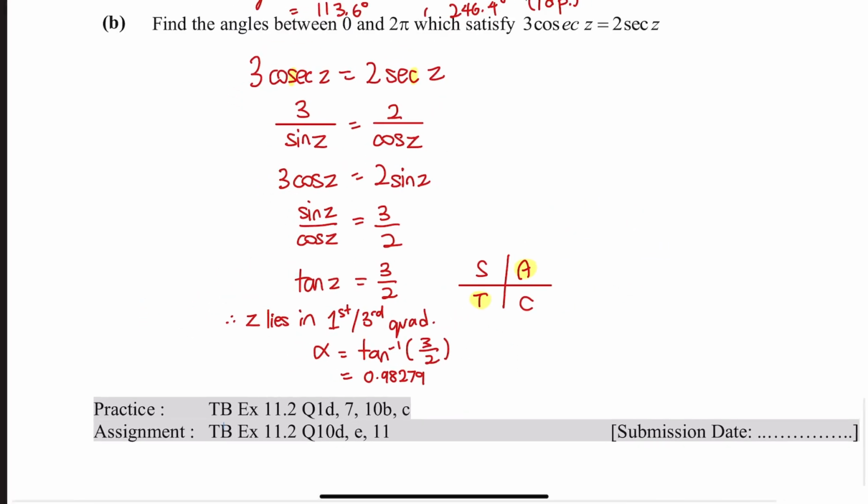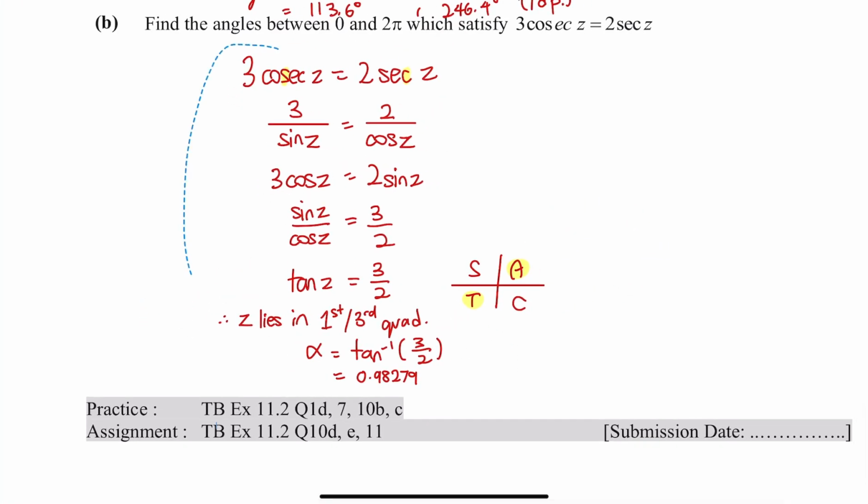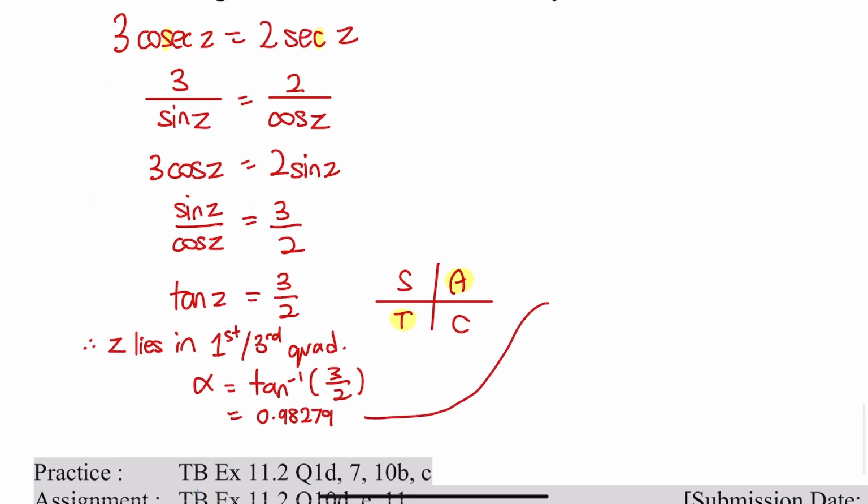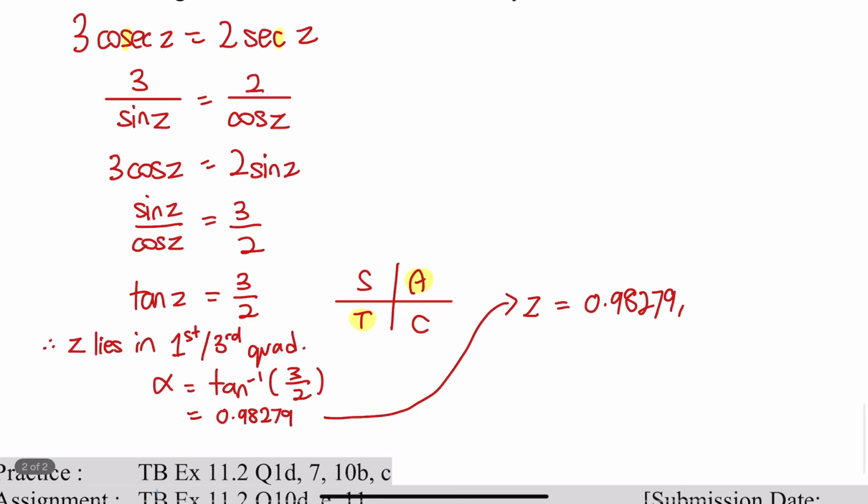Okay, so this means that Z in the first quadrant is simply 0.98279. In the third quadrant, it is pi plus 0.98279.